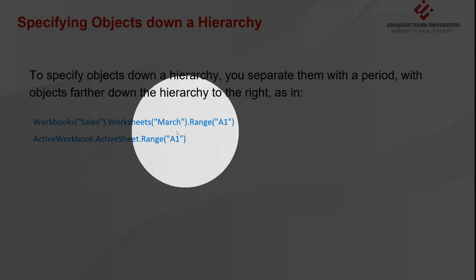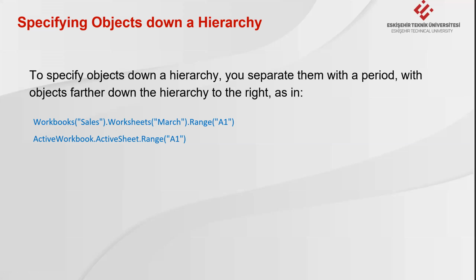Okay, so we can also use active workbook and active worksheet. If you don't indicate your workbook or worksheet with a name, you just say the active workbook. In that case, where you click, which is active, your code will work in there.